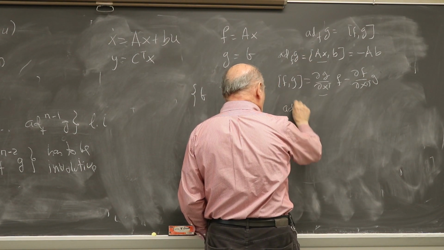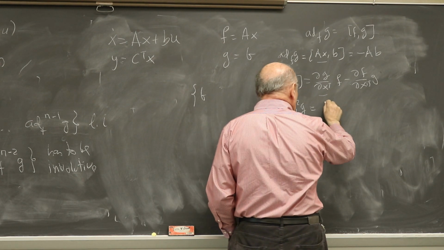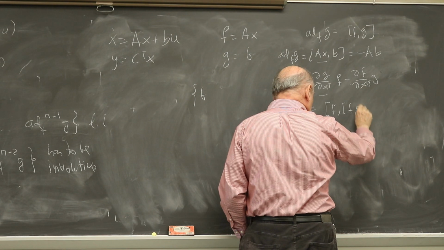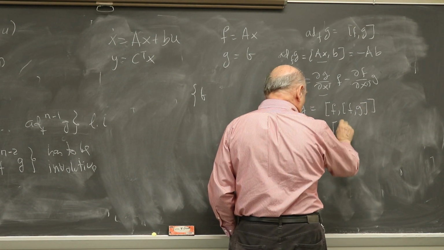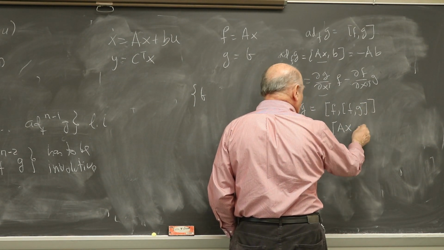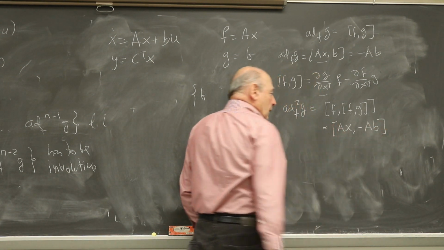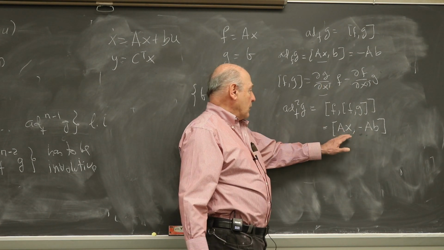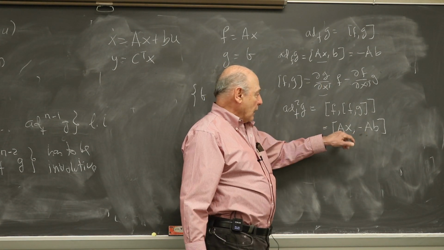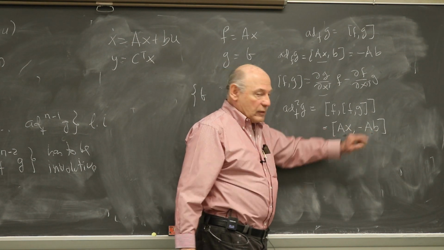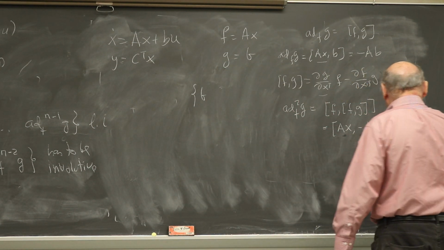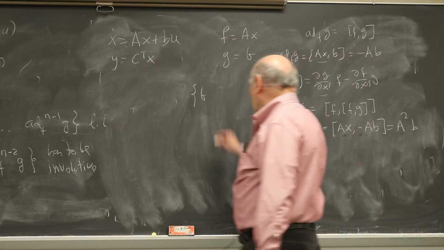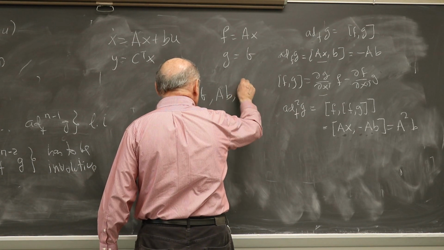Who is ad_F squared G? And we will stop at that point. Well, that's the Lie bracket of F with the Lie bracket ad_F G. And here it will be the Lie bracket of Ax with minus AB. So the gradient of this is 0, times this is 0, minus the gradient of this, which is A, times this, it will be A squared B. Is that correct? Yes.